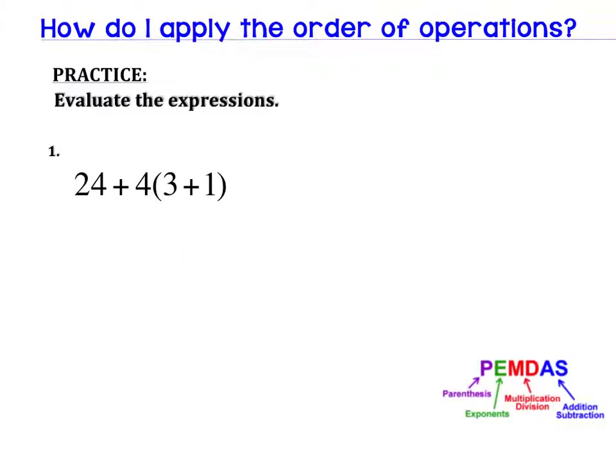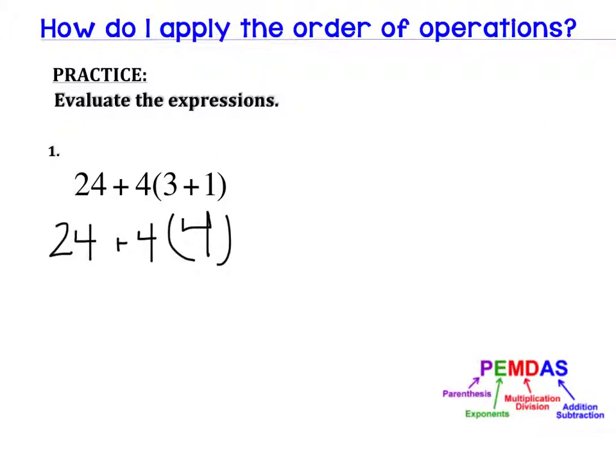All right, so how do I apply the order of operations? So let's see here. I've got 24 plus 4 times (3 plus 1). So first of all, do I have anything in the parentheses? I have 3 plus 1, so I'm going to evaluate that first. And 3 plus 1 is equal to 4. So now it's always a good idea to rewrite your problem and clean it up between the steps.